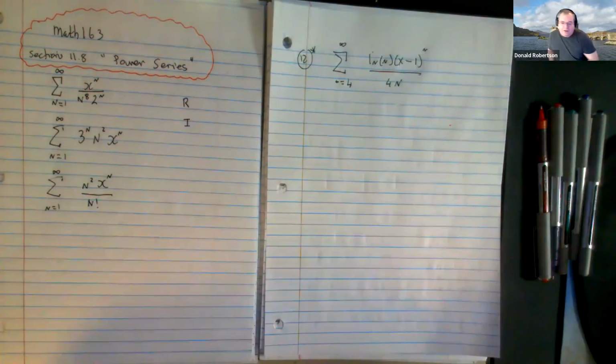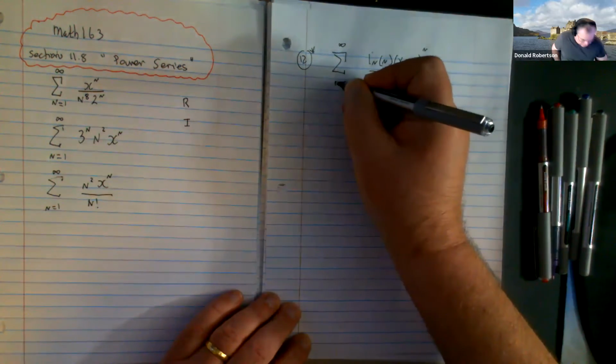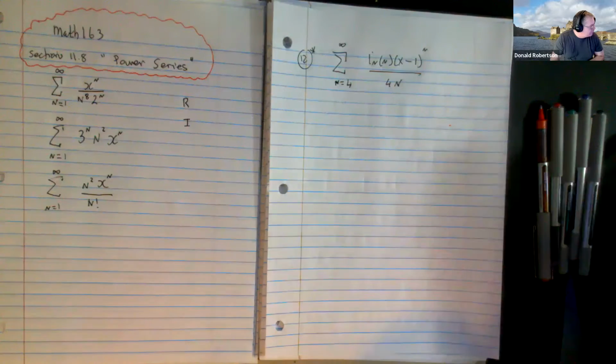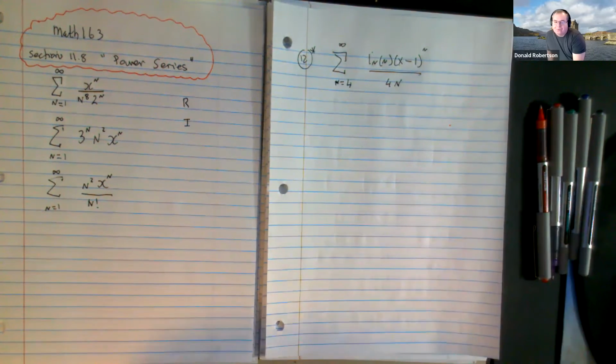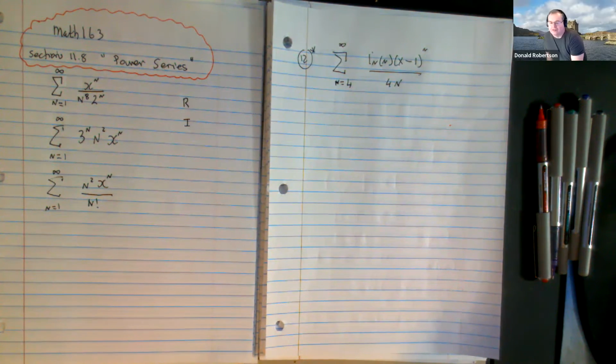First question: why does this power series, this Maclaurin series, start at 4? Well, let's ask it differently. Why didn't it start at 0 or 1? Okay, why didn't it start at 0? What's the problem with n equals 0?